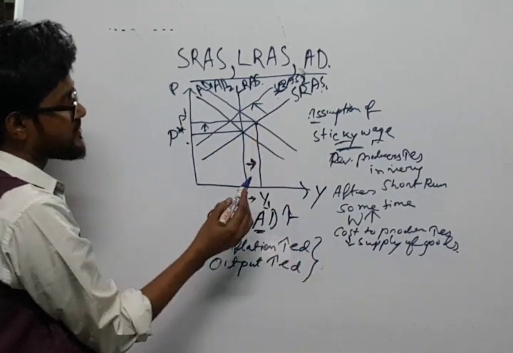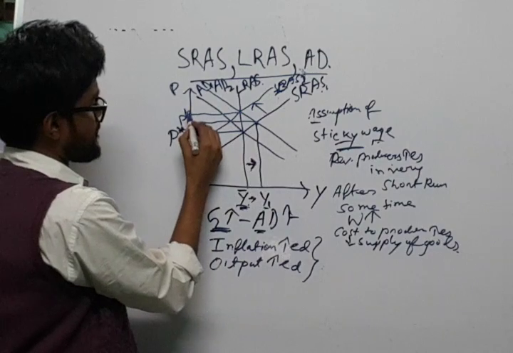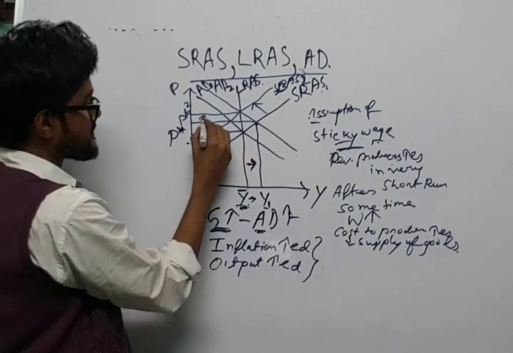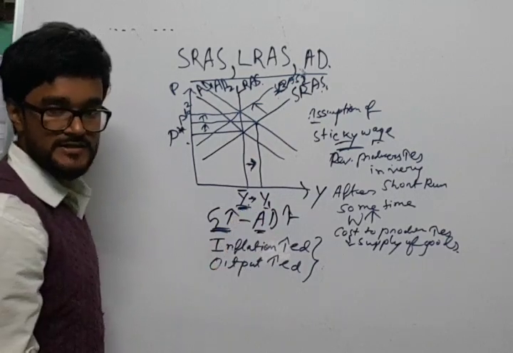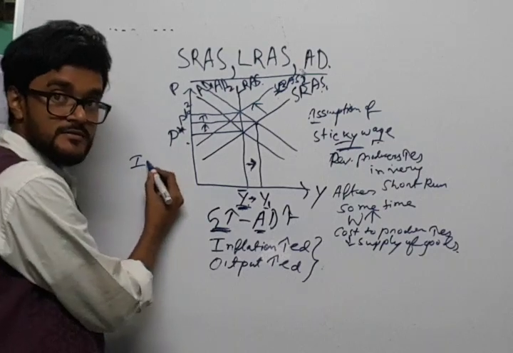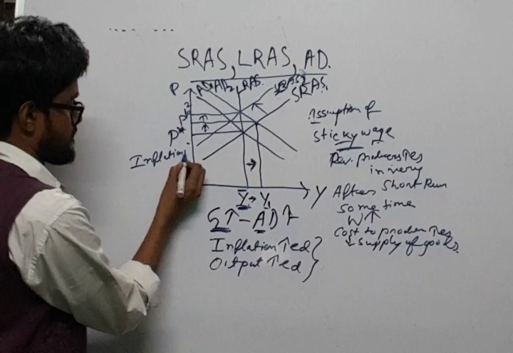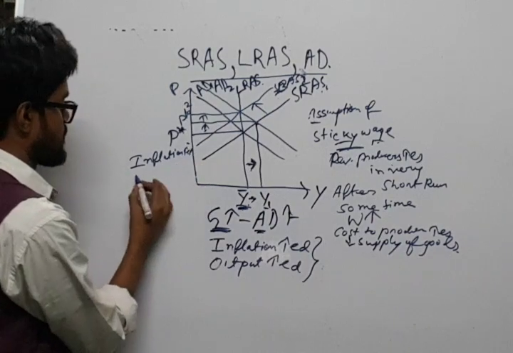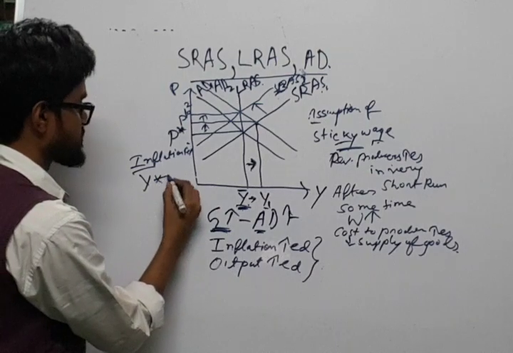Now at this level, as you can see, the price level has increased, but the output level is fixed. So inflation has taken place, but output is unchanged.